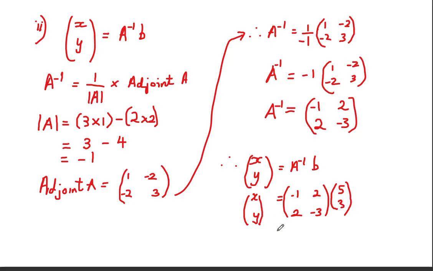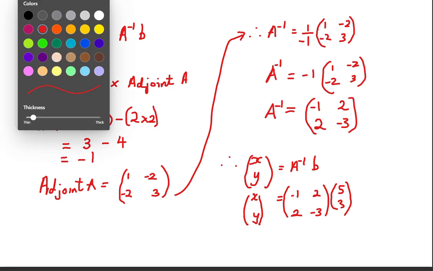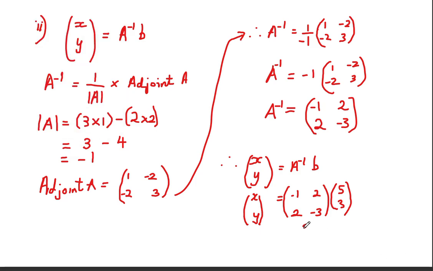So let us first recognize that we are able to multiply these two matrices by each other. I'm writing the order, or the size, of each matrix below it. This is a 2 by 2 matrix because there are 2 rows and 2 columns.